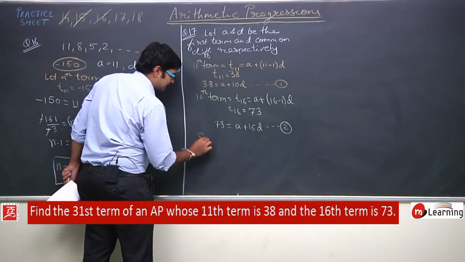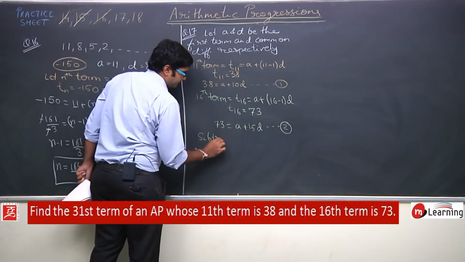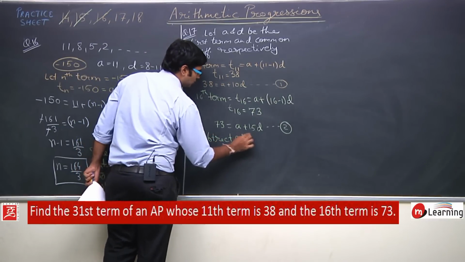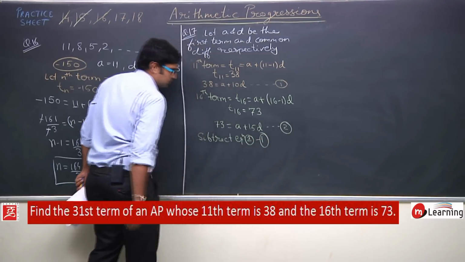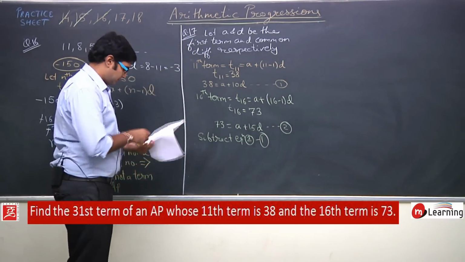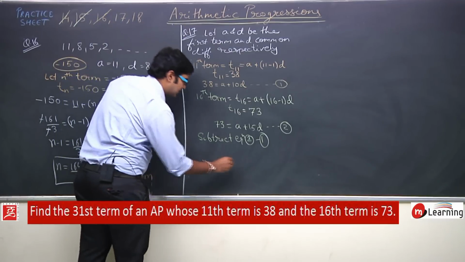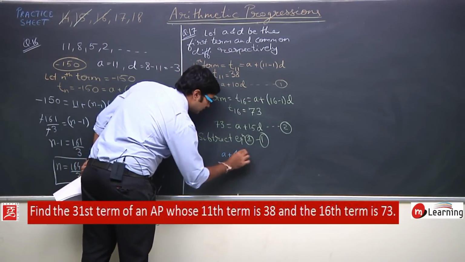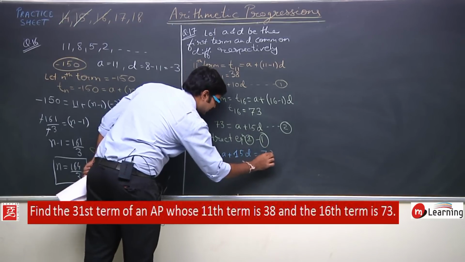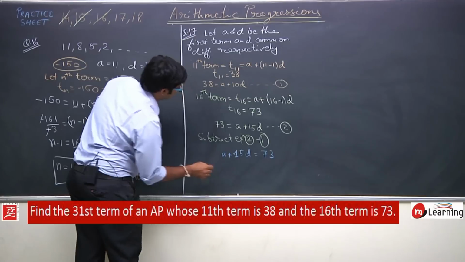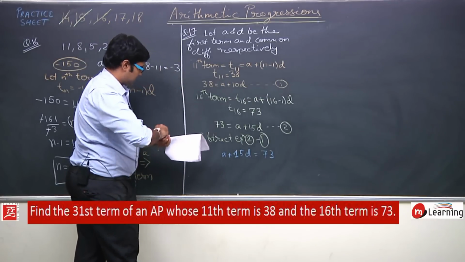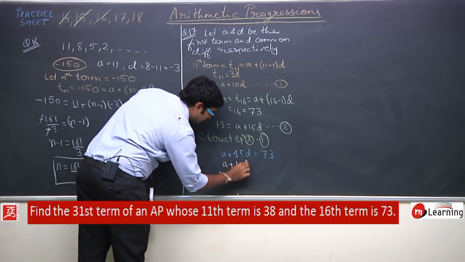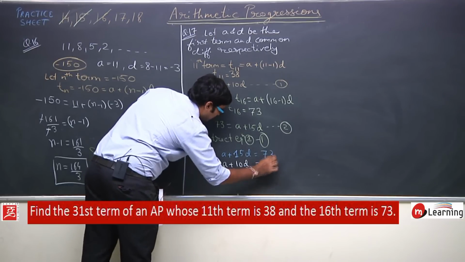Now very easily subtract equation 2 and 1. So when you subtract the two equations, you will get A plus 15 D is equal to 73, and the first equation is A plus 10 D is equal to 38.